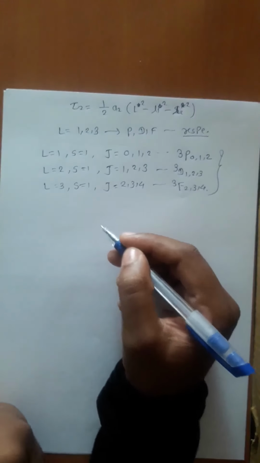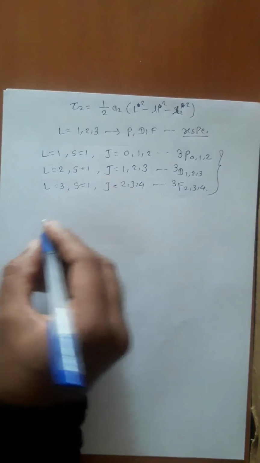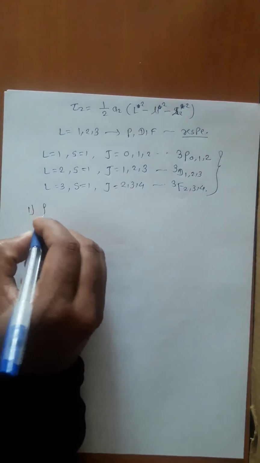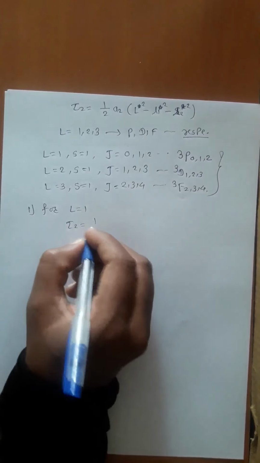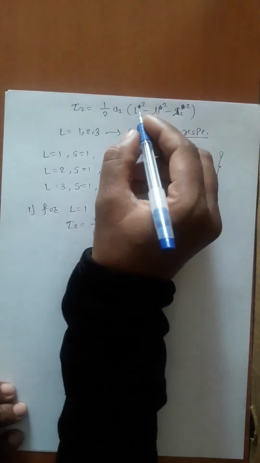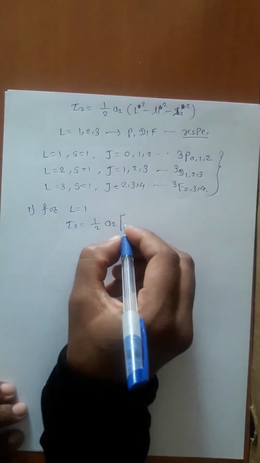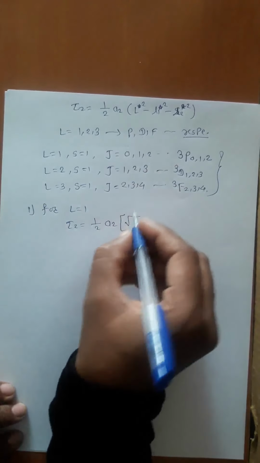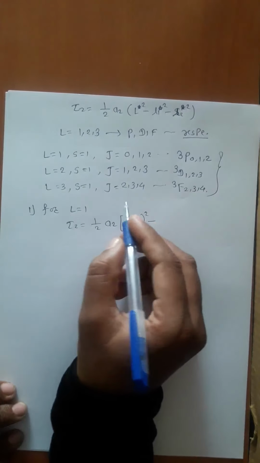Now we have to calculate this tau 2. First for L is equal to 1, tau 2 is equal to 1 half a2 into L star square. L star is root of 1 into 1 plus 1, that is root 2, square, minus L1 star square. What is L1 star?